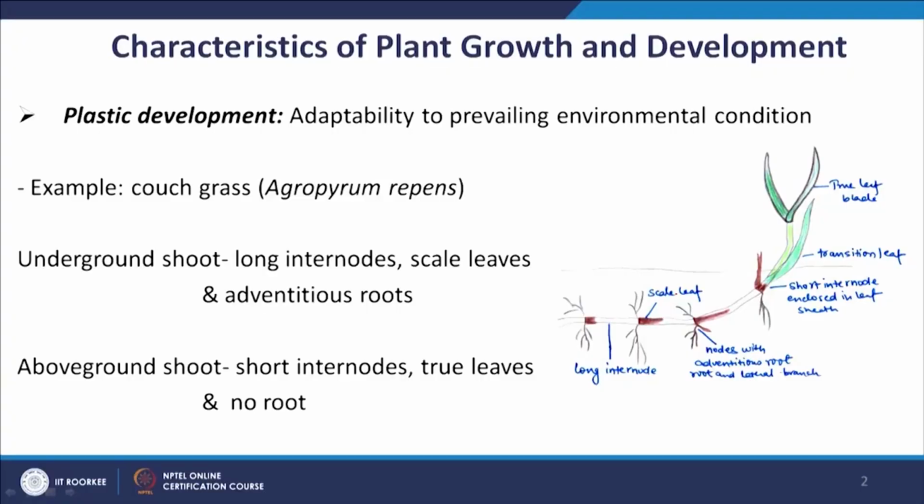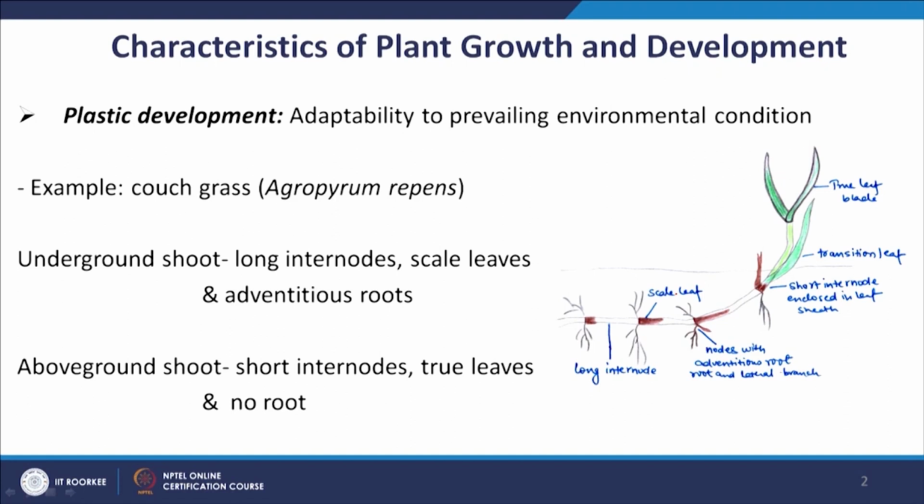So now we will continue this lecture on characteristics of plant growth and development. Another very important characteristic of plant development is plasticity. It is extremely important for plants, considering the fact that plants are sessile in nature.